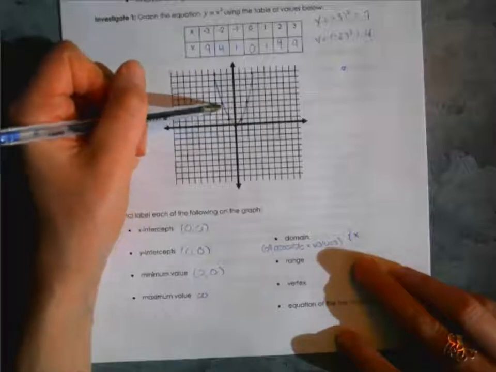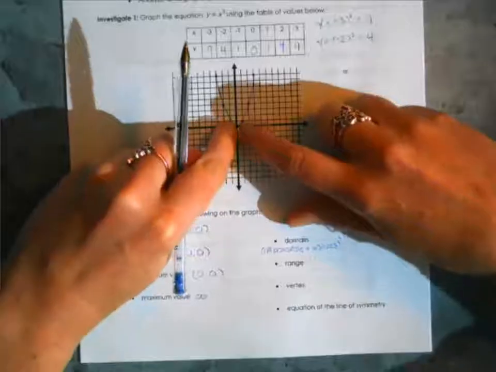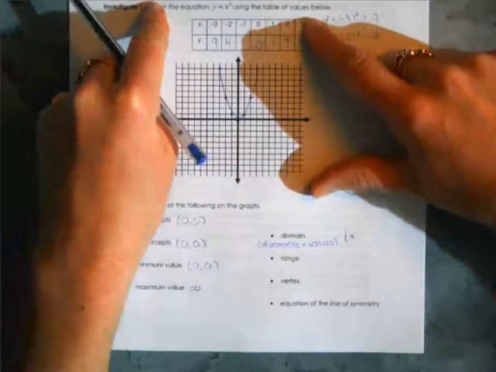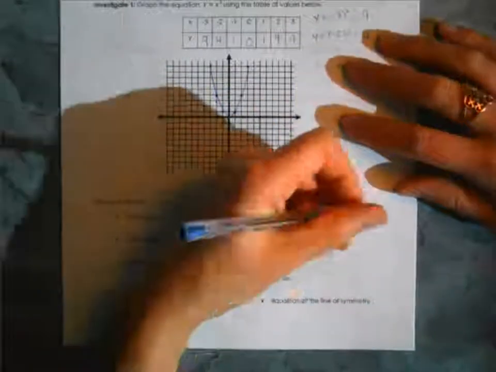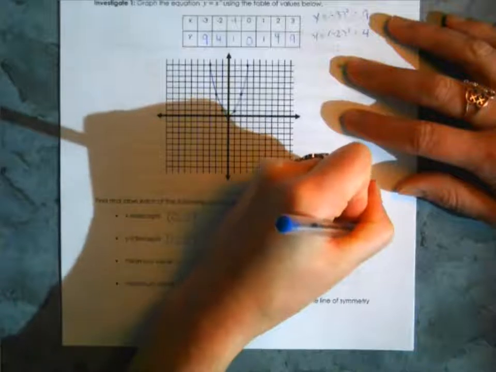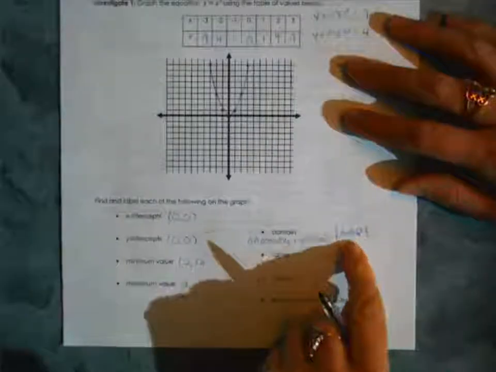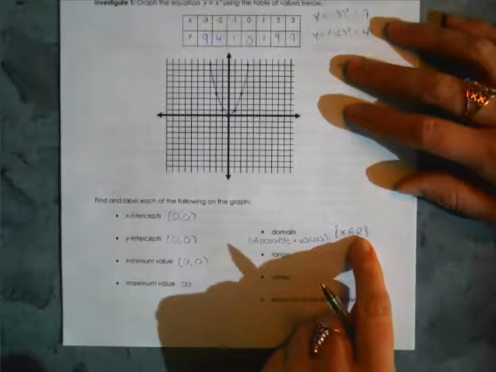Well, if this graph keeps on going indefinitely upwards, then the parabola is going to continue to expand outwards. So x could possibly be any real number is what we say. And we represent that by doing this little kind of weird e. That's x can be any real number. Okay, so the R stands for real numbers.